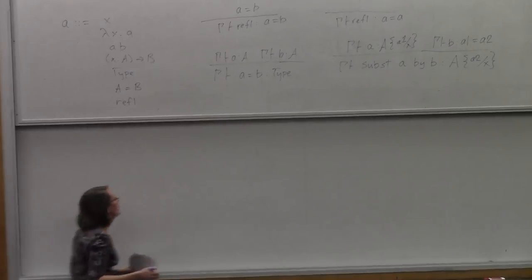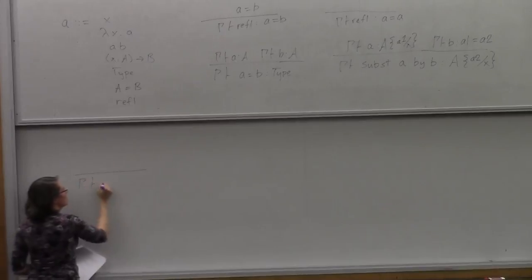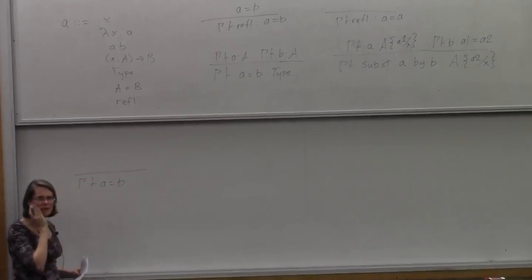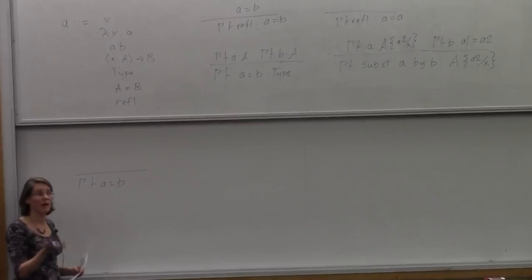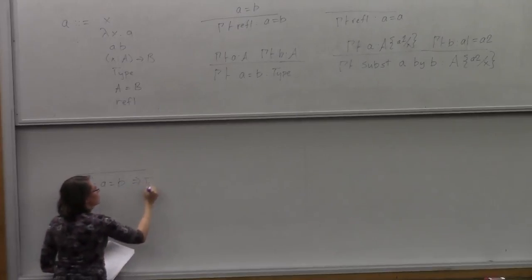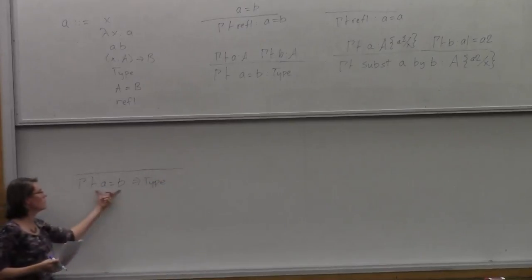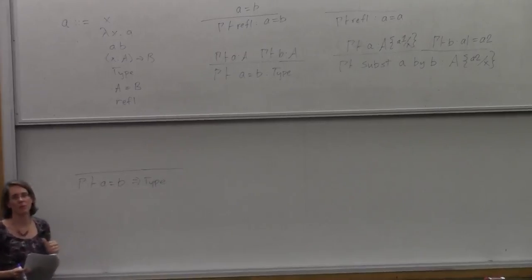What if we have this? Can we infer its type? Should we check its type? We can infer its type. We know what type the equality type has. It's a type, so we should infer that as type. When should we infer that the equality type is a type?